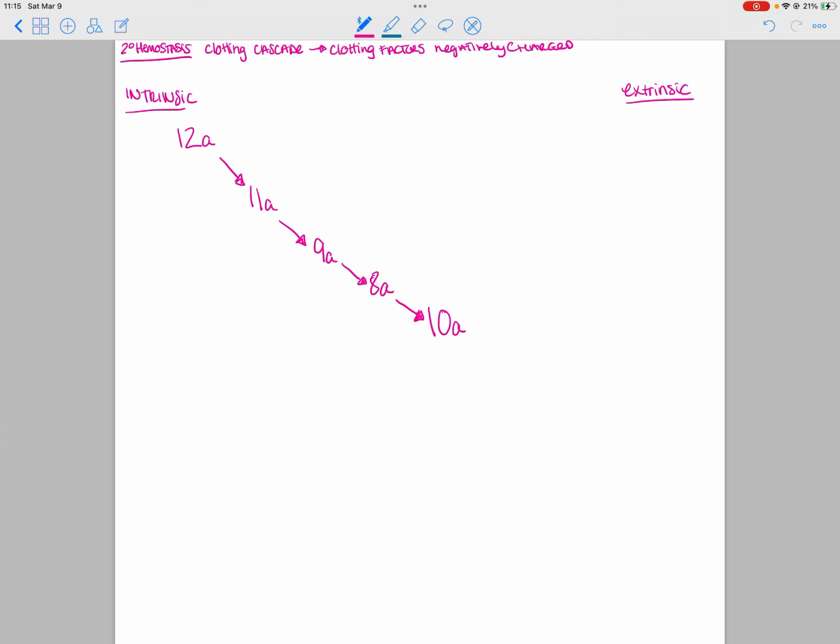Okay? Factor 8A has cofactor of VWF, as well as protein C and protein S. Now, the extrinsic pathway will start with tissue factor and will go to factor 7A, which will meet in the common pathway with factor 10A.